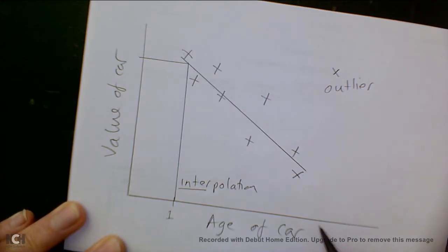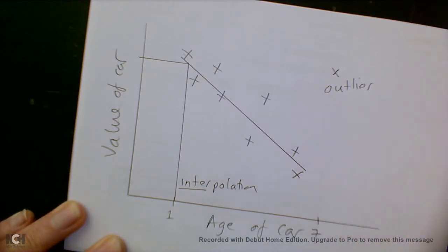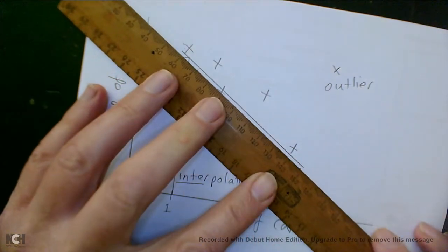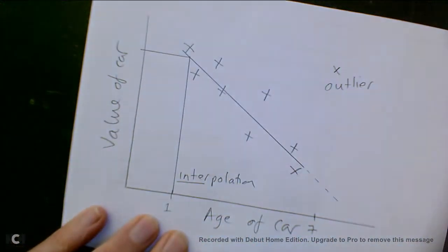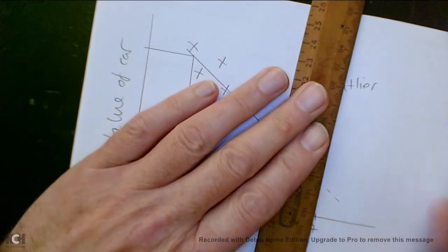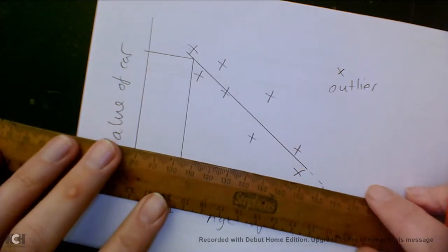If you're asked to find the value of a car which might be say 7 years old and you've got no data, so basically if you were to draw a line up here, it would not hit the line of best fit. So what you could do is carry on your line of best fit, and you'd then be making a big assumption, and therefore your data would not be as reliable.